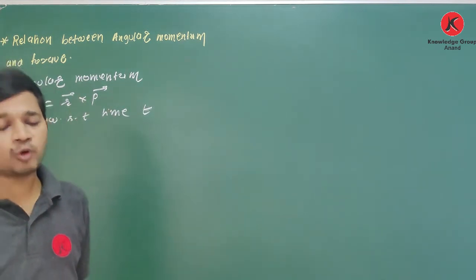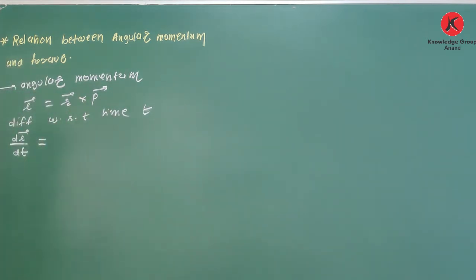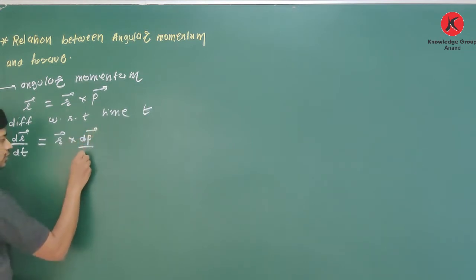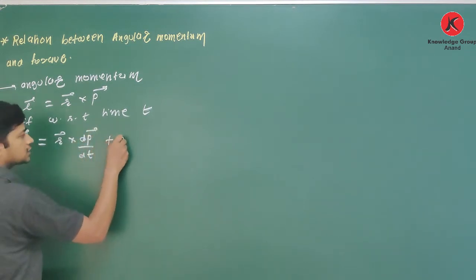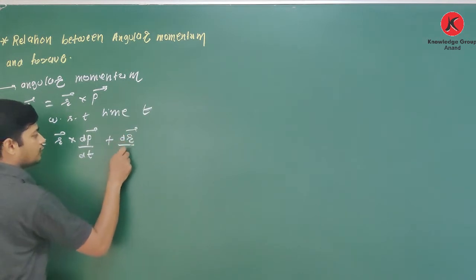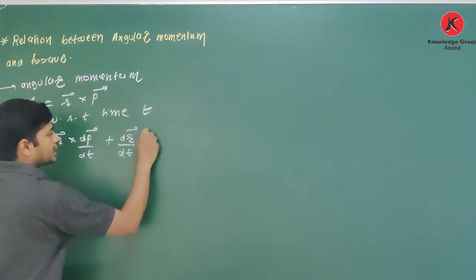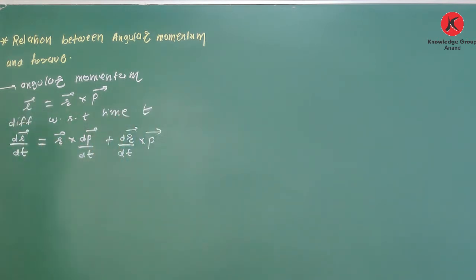r and p both depend on time. So what is the rule? First term as it is, differentiation of second term, plus differentiation of first term, second term as it is. Clear about this?